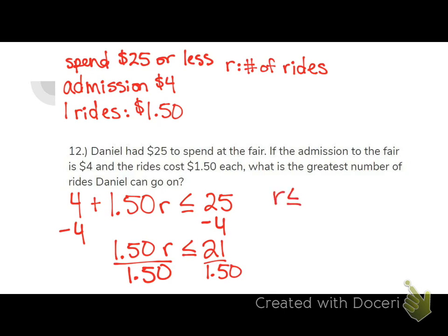What did we get? 14. We agree? Okay, and this one we don't have to worry about rounding on. It came out nice. So we can go on 14 rides or less. So 14 would be the greatest number of rides we could go on.